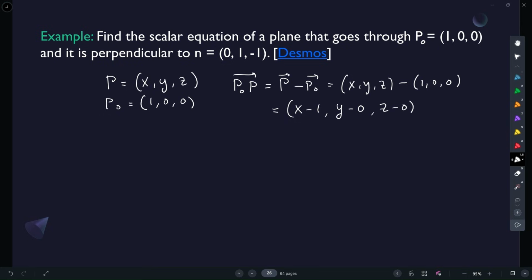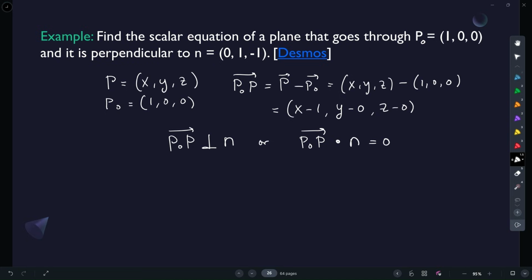And then what we want for the vector equation is that P naught P, this vector, has to be perpendicular to the normal vector, or in terms of the dot product, that this vector dot n is 0. So that would be the vector equation.